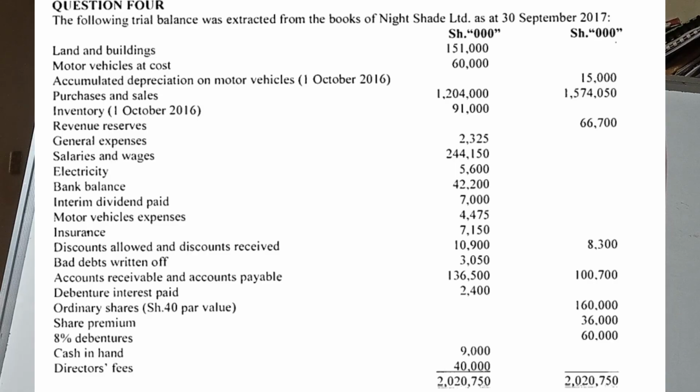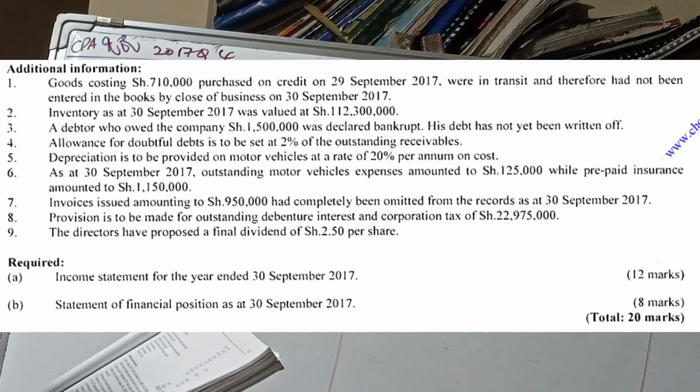Salaries and wages, electricity, bank balance, interim dividend paid. Motor vehicle expenses, insurance, discount allowed and discounts received. Bad debts written off, accounts receivable and accounts payable, debenture interest paid, ordinary shares of shillings 40 par value, share premium, 8% debentures, cash in hand, director's fee, and then we have additional information.